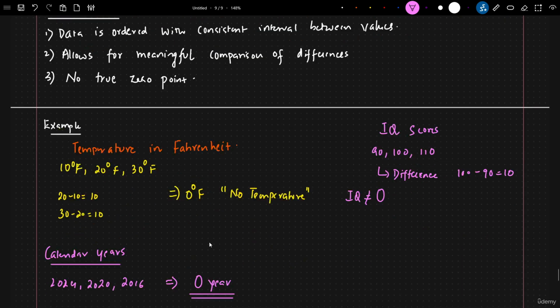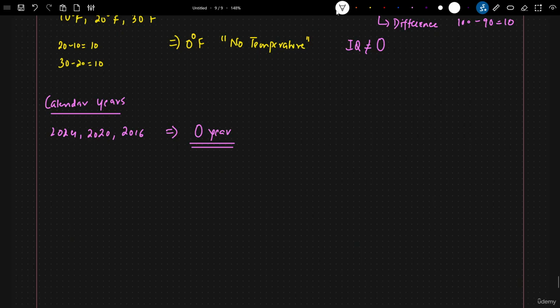Finally, let's discuss the fourth type of measurement scale, that is called the ratio scale. In the case of ratio scale, it is really easy to understand because you have understood all these things. Here, the first point I will write is that the order matters. Previously also the order mattered.